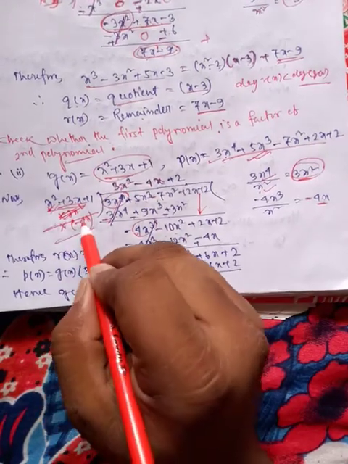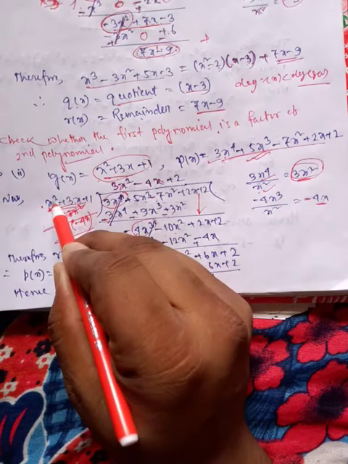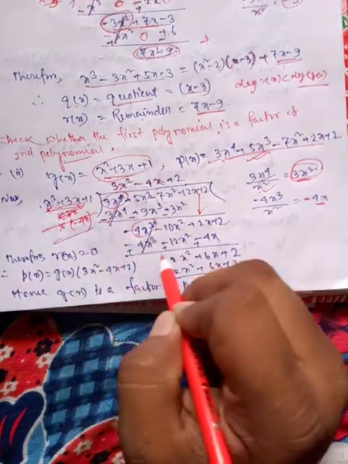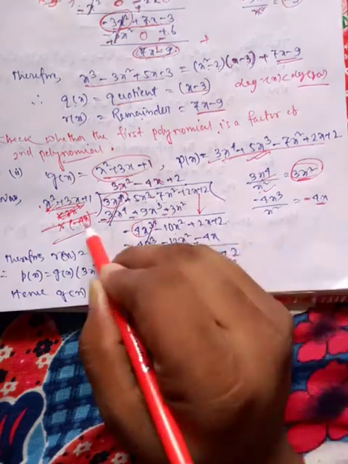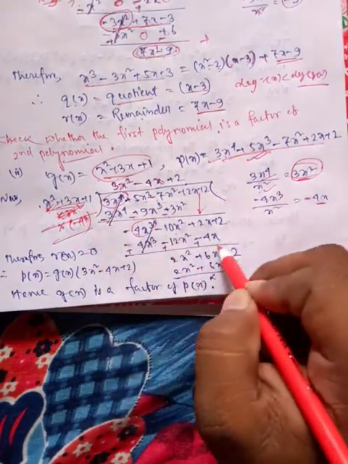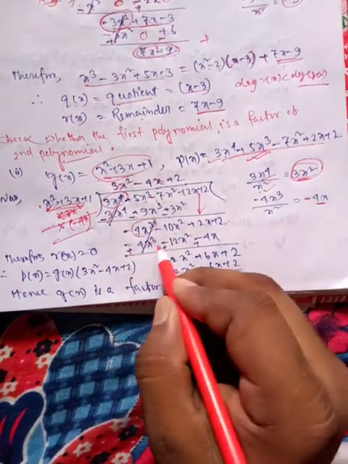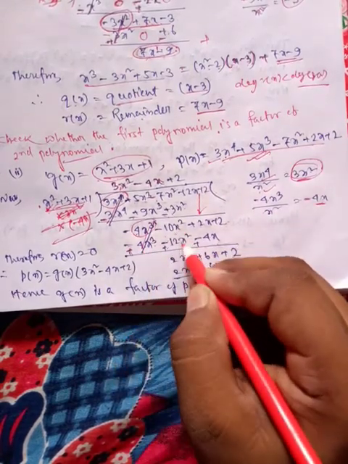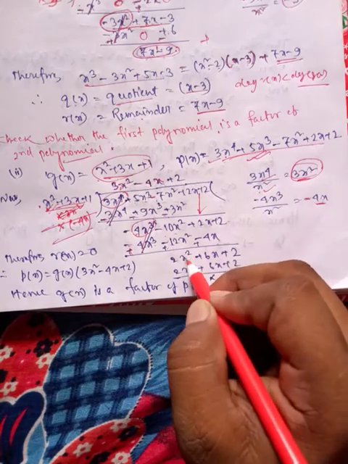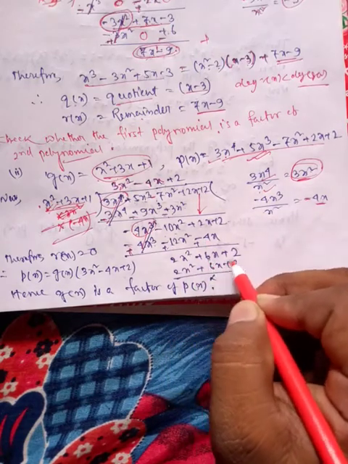You will get minus 4x cube, minus 12x square and minus 4x. Then change the sign, and this cancels out. This will be 2x square plus 6x plus 2.